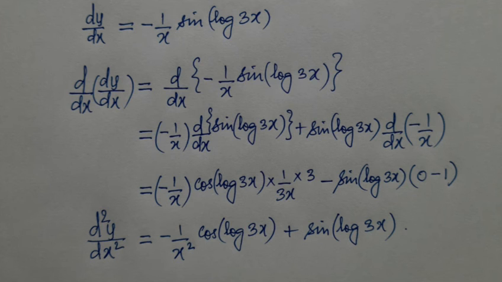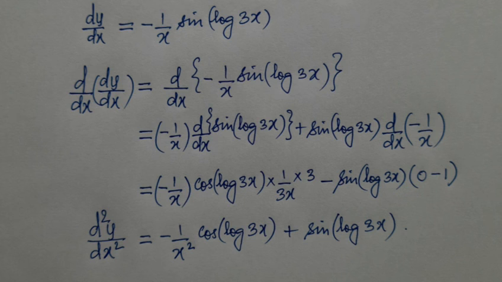Now, further on the extreme right, you have the derivative of minus 1 upon x with respect to x. So we take out that minus sign, and you will be left with 1 upon x. Here you will have to apply the quotient rule, and after applying the quotient rule, you'll get 0 minus 1.